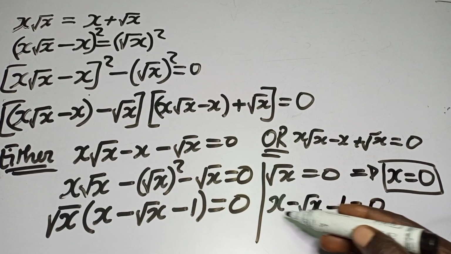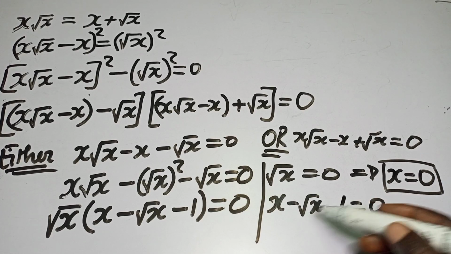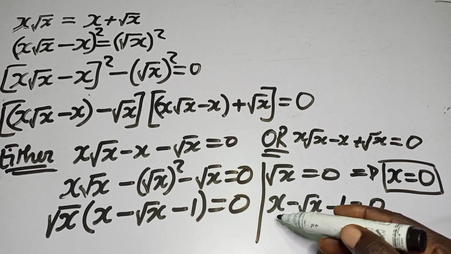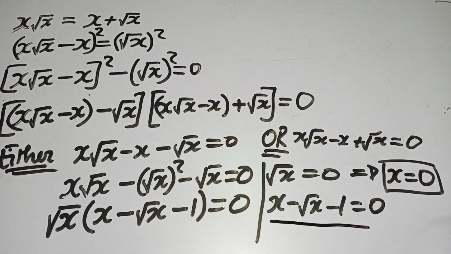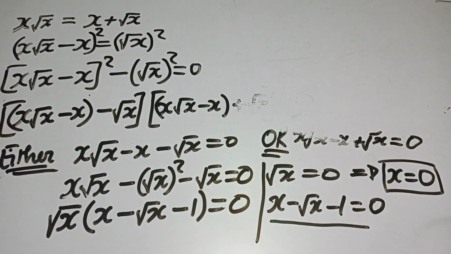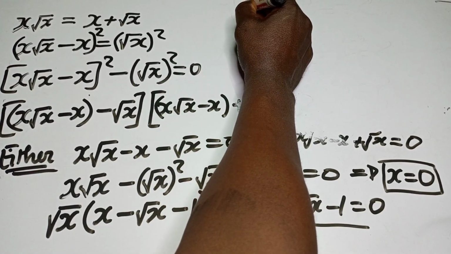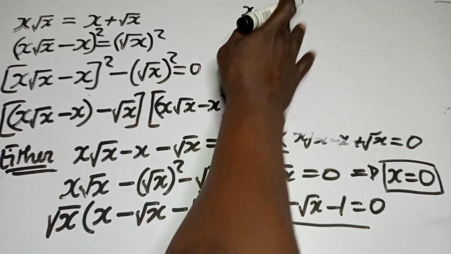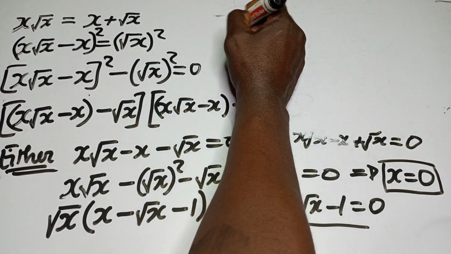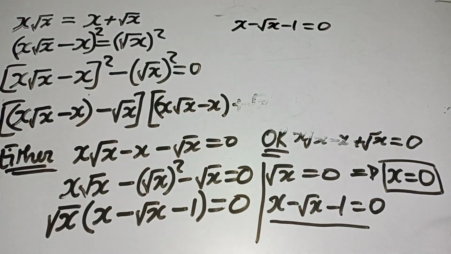Now, if we look at this carefully, we will see that this is actually a quadratic. Let's make space and solve it up there so that it will be a lot clearer. Let's write it again. x minus root x minus 1 equals 0.